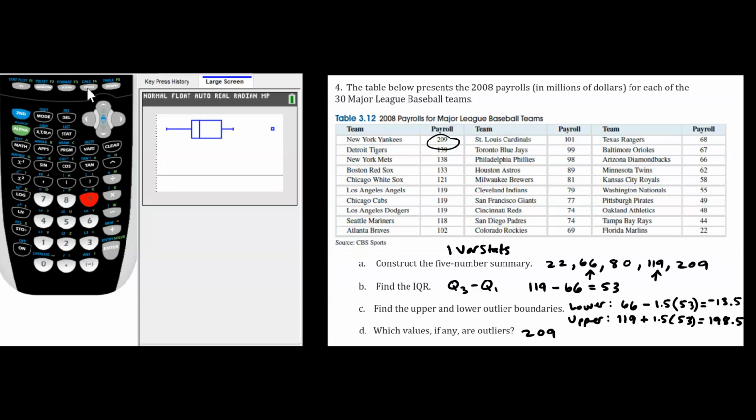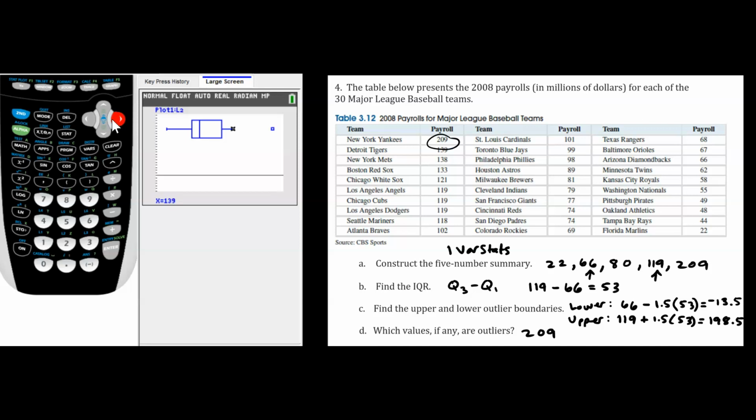And if I press the trace button, you've got the min of 22. That's what we saw as part of the 5-number summary. We arrow over. That first part of the box of the box plot is 66. As you can see here, Q1 is 66. We arrow over again. The median is 80. We arrow over again. Q3 is 119.